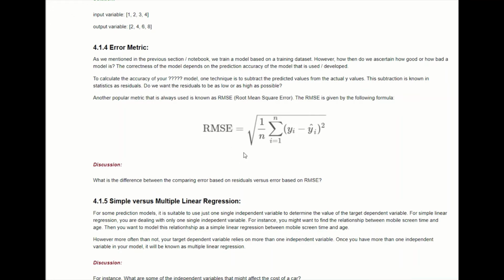Whereas with the root mean square error, you can think of it as always getting the absolute value of the error, and so it tends to give a better representation of how accurate your model is. So when we calculate error analysis for linear regression, typically we use the root mean square error.